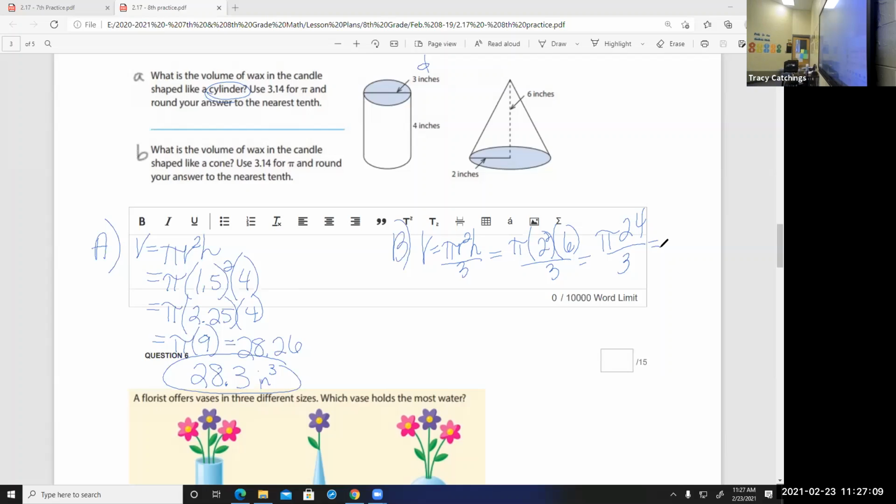All right. So then multiply 8 by pi. Good job. So 25.12 cubic inches. They didn't want that.